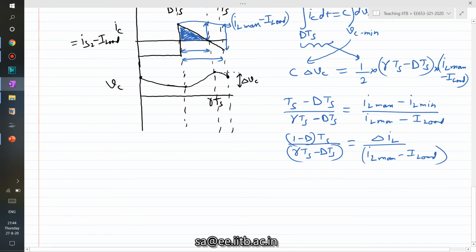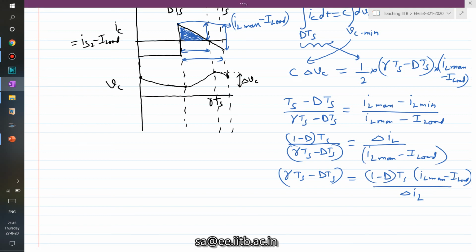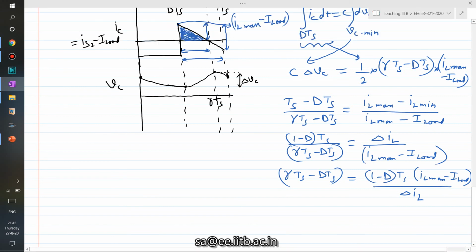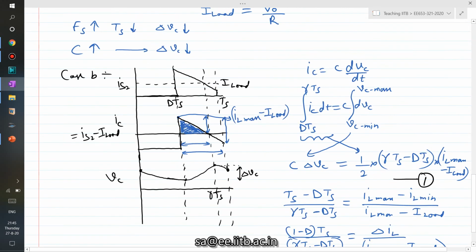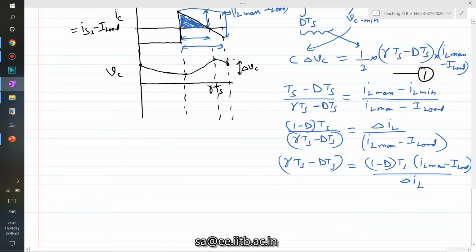Let me rewrite it. I can write it as gamma Ts minus dTs is equal to 1 minus d times Ts into IL max minus I load upon delta IL. Now I can substitute the value of gamma, sorry, it's not equation 1, we already have equations up to 4.